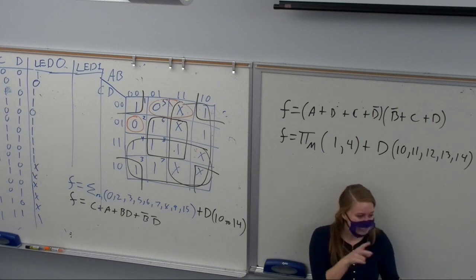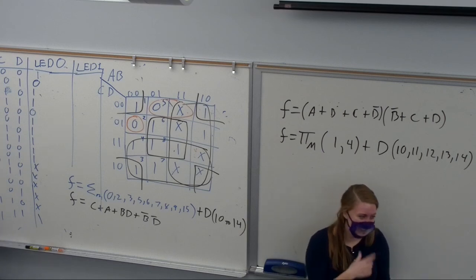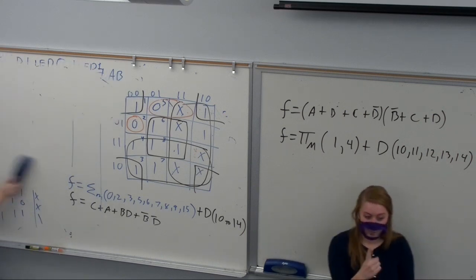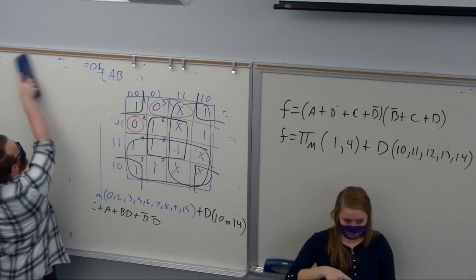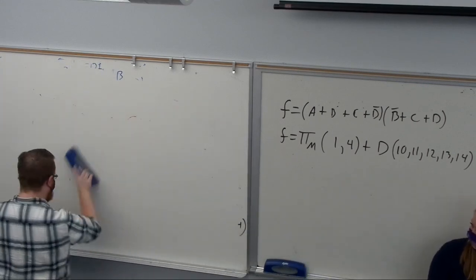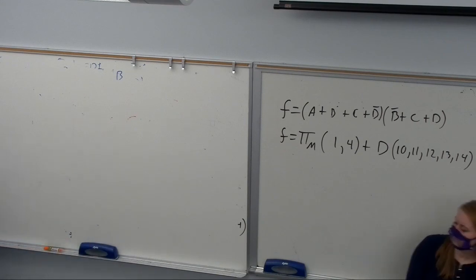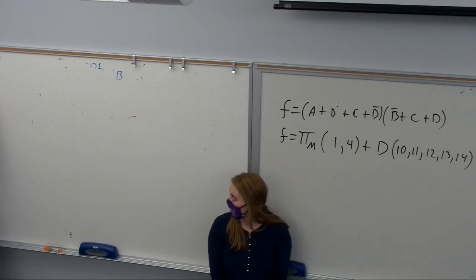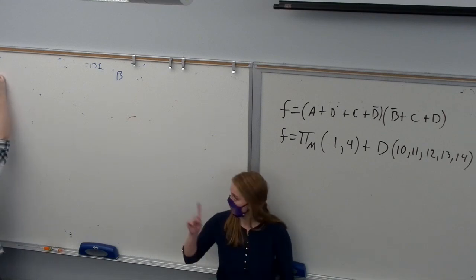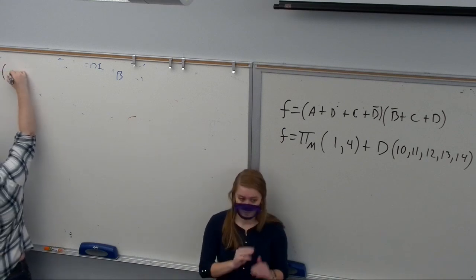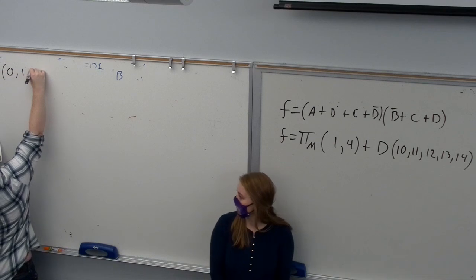Okay, I'm going to erase all of this and do one more product of sums K-map just so you all feel comfortable with those examples. So let's say that I want to write up the expression f is the sum of mins 0, 1, 4.